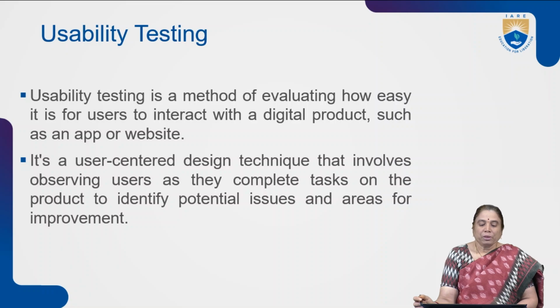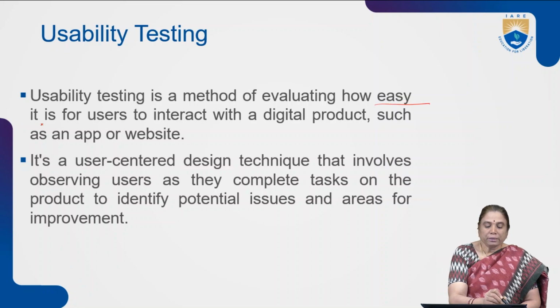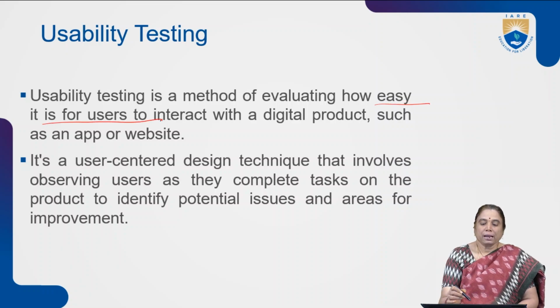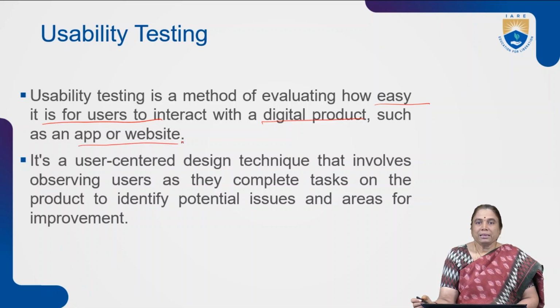Usability testing. Usability testing is a method of evaluating how easy it is for the user to interact with a digital product such as an app or web browser. So, the ease of use of the application is the major testing criterion in usability testing.